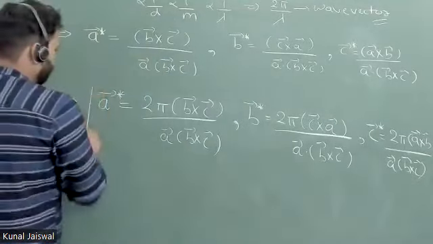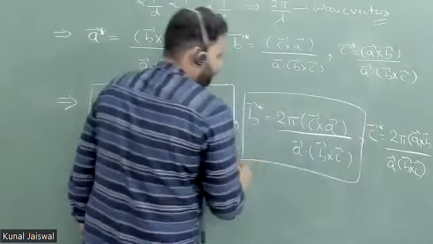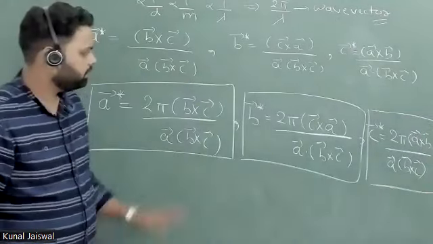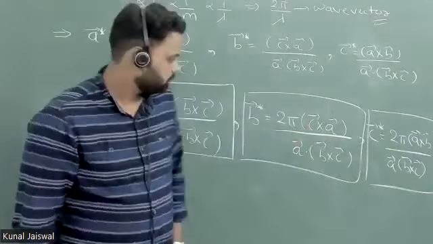So finally, we got our 3 relations. Please write down these 3 relations, everyone. Now we basically have to talk about these 3 relations in today's class at least. Okay, these 3 mathematical relations we have got.